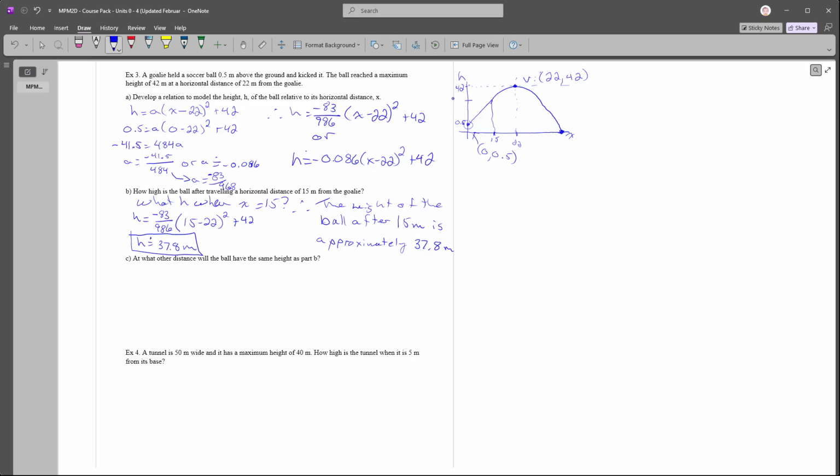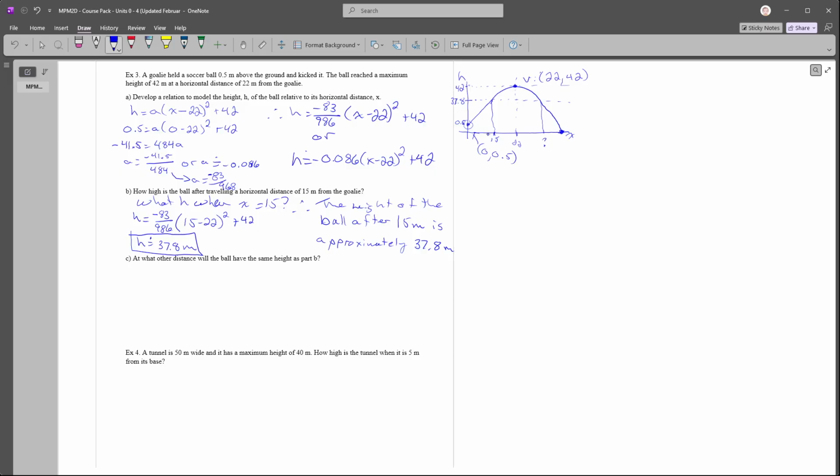Ish. So the question is asking, what other x value also had a height of 37.8 meters?